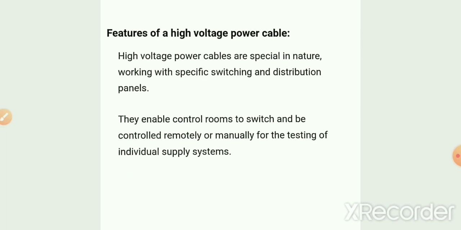Now the features of high voltage power cable. High voltage power cables are special in nature, working with specific switching and distribution panels. They enable control rooms to switch and be controlled remotely and manually for testing of the individual supply system.